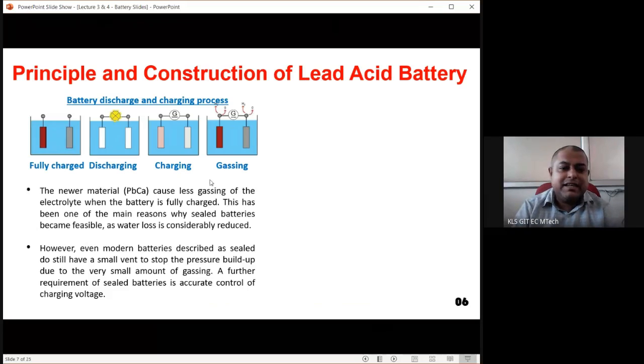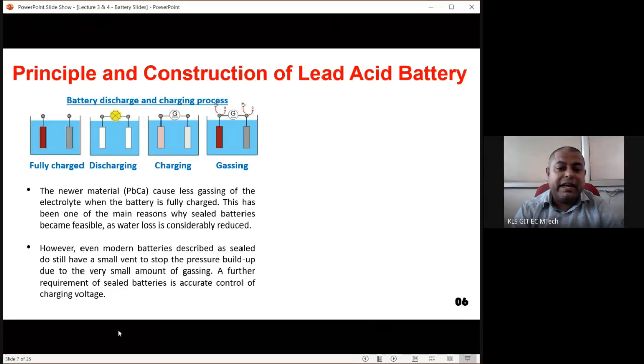What change it has made is given in this paragraph. However, even modern batteries described as sealed still have a small vent. This is the pressure release to stop pressure buildup due to a very small amount of gassing. We want to avoid that because any amount of gassing inside the battery creates some pressure, and that pressure affects the energy generation negatively.